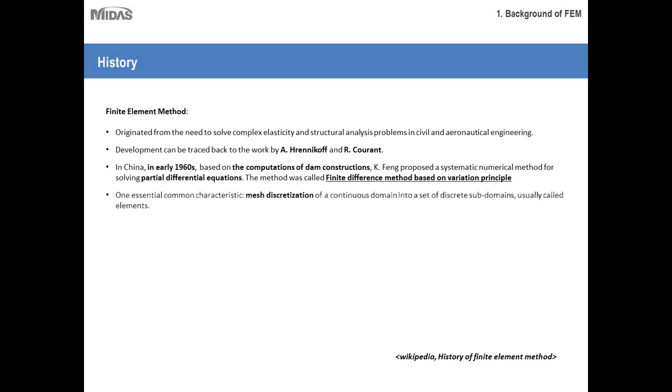Although these pioneers had different theories for finite element method analysis, there was one essential characteristic that was common in all, which was mesh discretization of a continuous domain into a set of discrete subdomains, usually called elements.